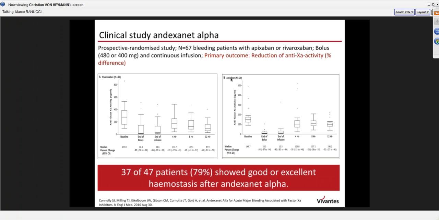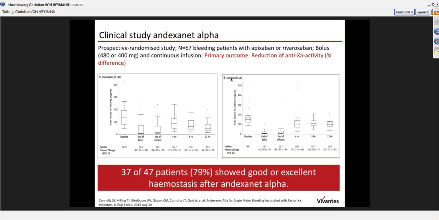So Dr. Huerta is asking, when will you use NovoSeven, recombinant activated factor 7A? We would only use factor 7A in case we have no direct reversal agent, and in case the prothrombin complex concentrate is not effective.